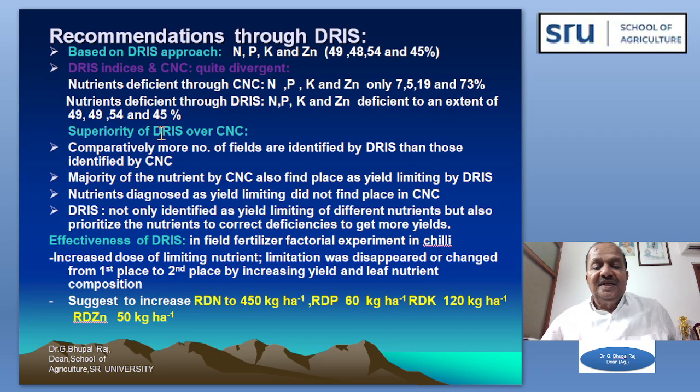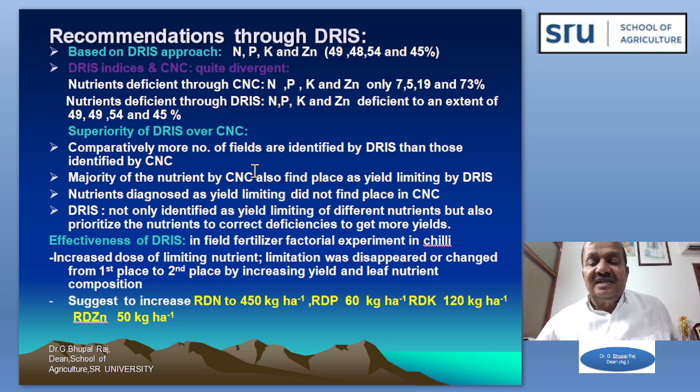So there is a superiority of the DRIS approach over critical nutrient concentration because it takes into consideration the hidden hunger of the nutrients in the crop. Comparatively, more fields are identified by DRIS than by critical nutrient concentration.